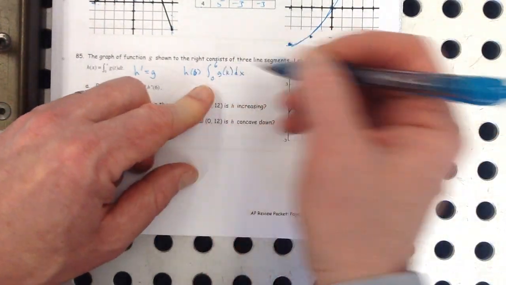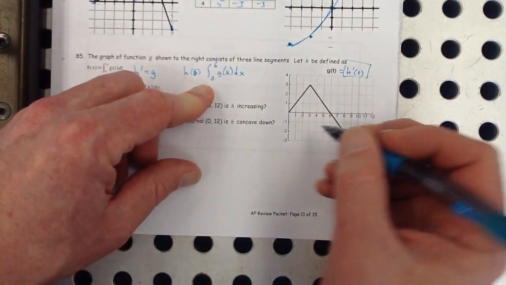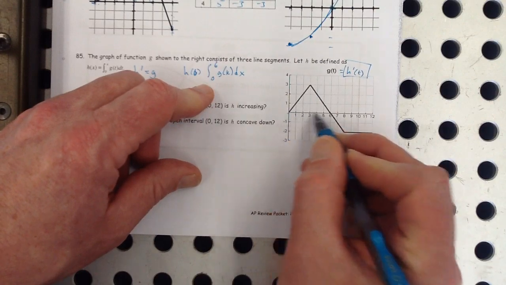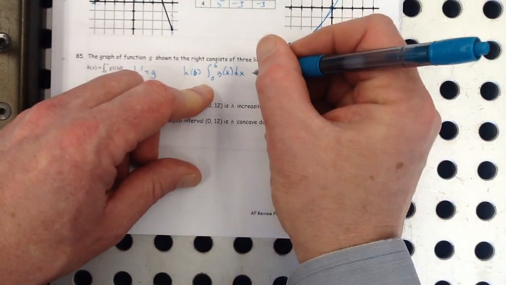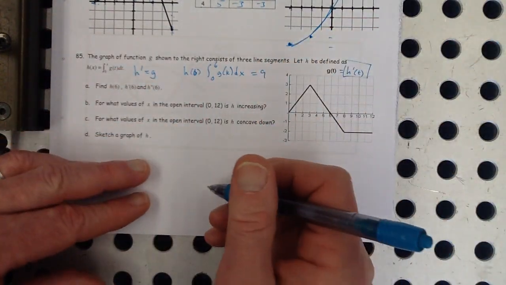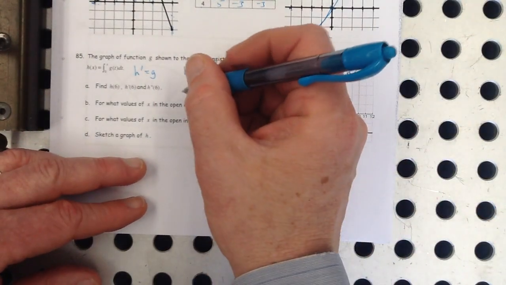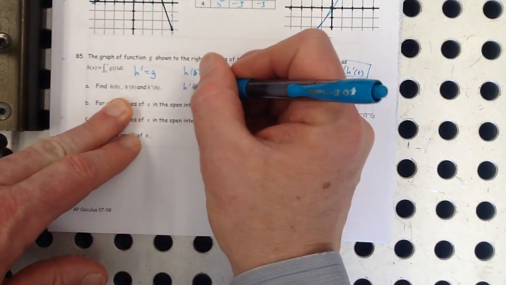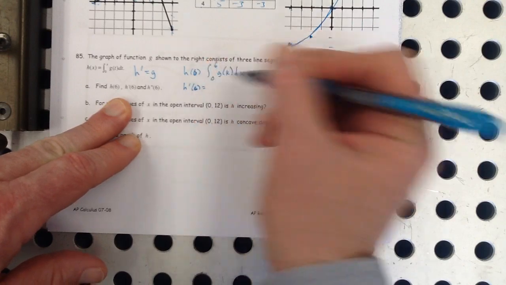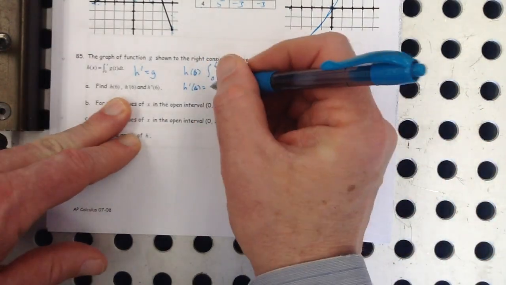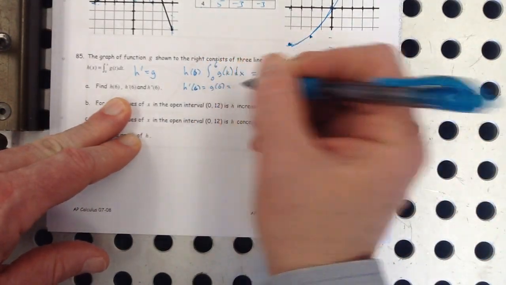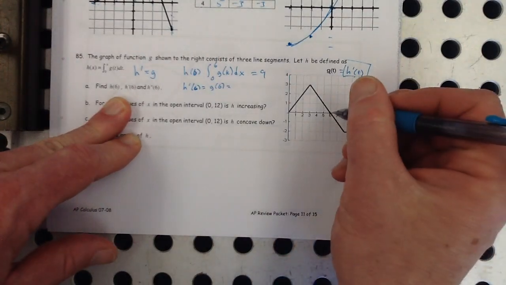Doesn't change anything, so we need to find the area from 0 to 6. So that's a triangle that has a base of 6 and a height of 3. Well, that's going to be 9, 1/2 base times height. H prime of 6 is the same thing as g of 6, and g of 6 is 0.